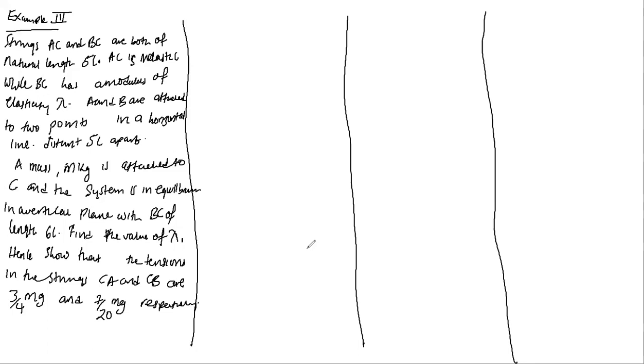So we have strings AC and BC are both of natural length 5L. So our AC is inelastic, while BC has a modulus of elasticity lambda.